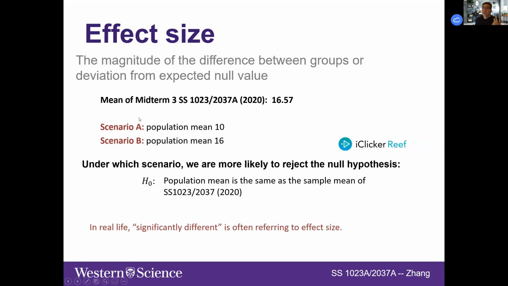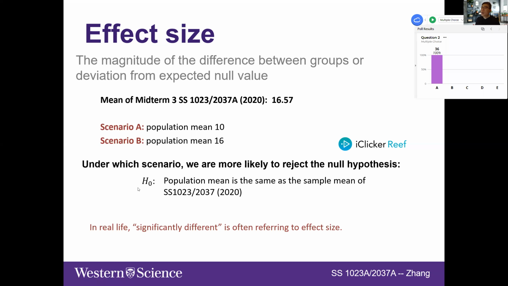So let's consider two different scenarios. Under scenario A, we have population mean to be exactly 10. And under scenario B, our population mean is actually 60. So tell me, under which scenario are we more likely to reject the null hypothesis?